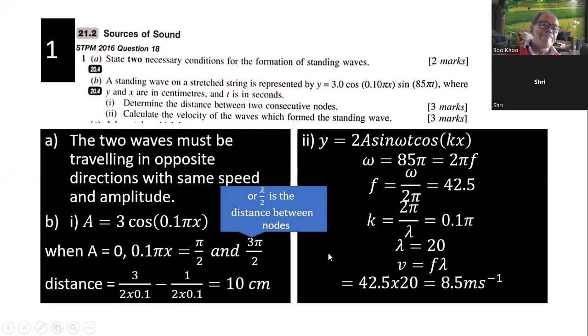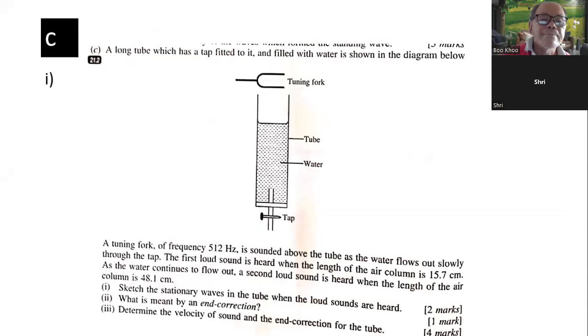If no question, let's go to the next step. A long tube has a tap fitted to it, filled with water as shown in the diagram below. The tuning fork of 512 Hz is sounded above the tube as the water flows out slowly through the tap.